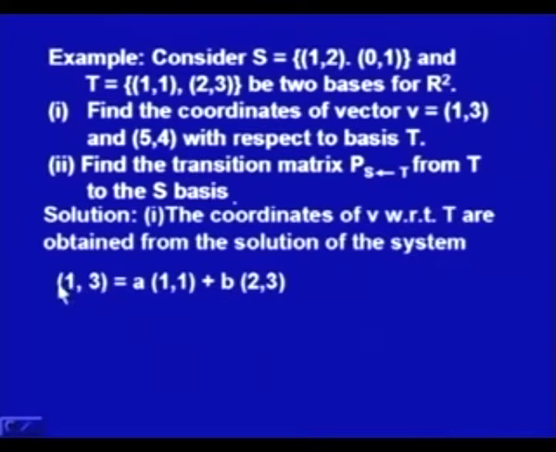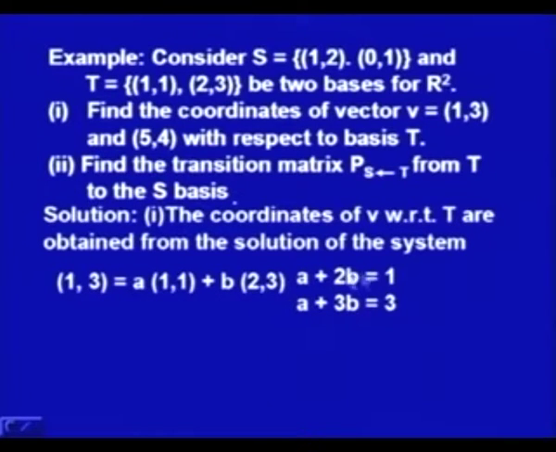That means I want to express this vector (1, 3) as a linear combination of basis vectors (1, 1) and (2, 3) of the basis T. To get A and B, I have to solve this system: A + 2B = 1, which is coming from the left hand side, and A + 3B = 3 from the right hand side.